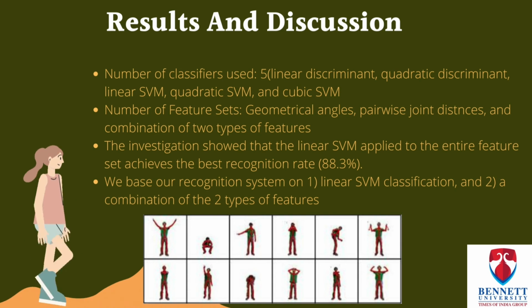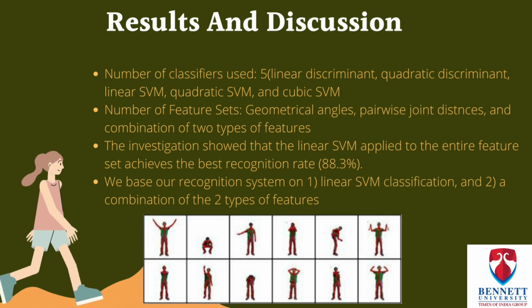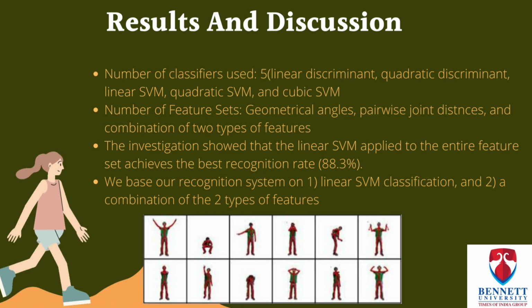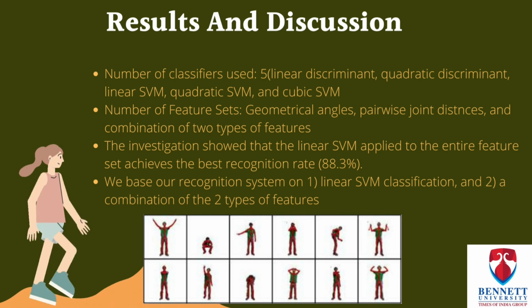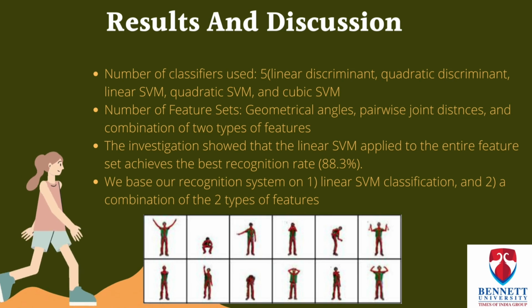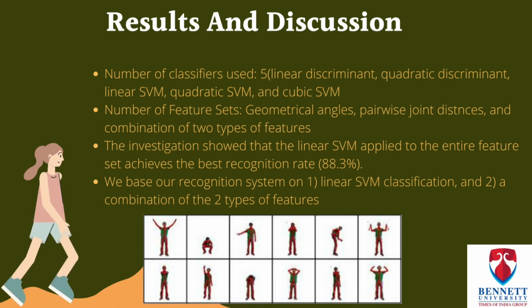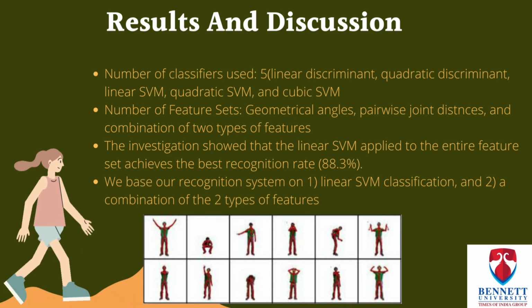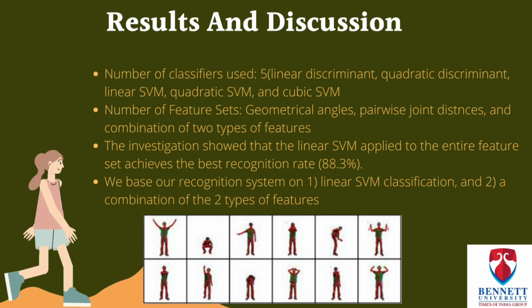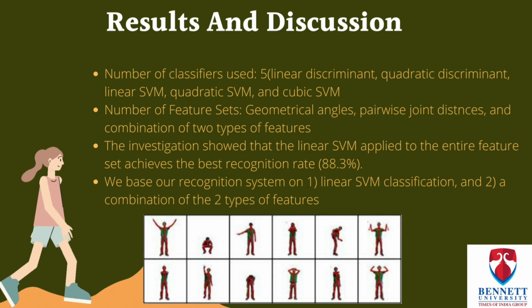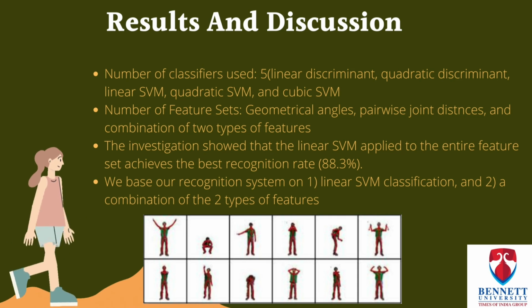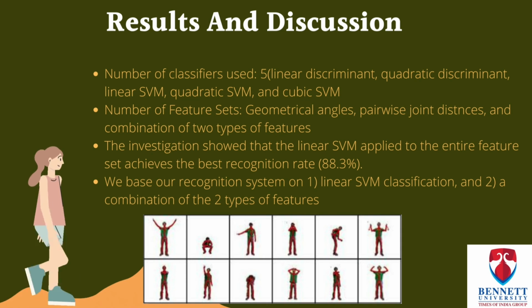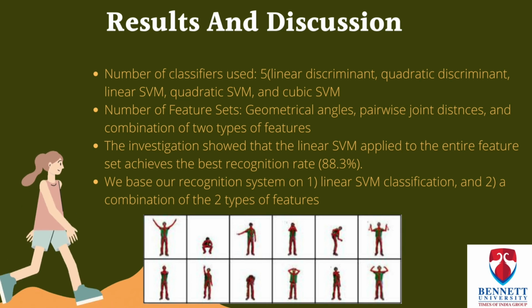We thus investigated five classifiers: linear discriminant, quadratic discriminant, linear SVM, quadratic SVM, and cubic SVM, and three feature sets: symmetrical angles, pairwise joint distances, and the combination of the two types of features. The investigation showed that the linear SVM applied to the entire feature set achieves the best recognition rate, which is 88.3%. We therefore base our recognition system on linear SVM classification and the combination of the two types of features.